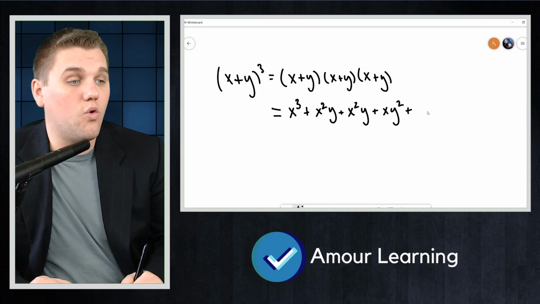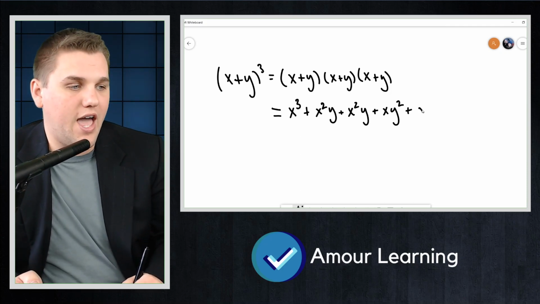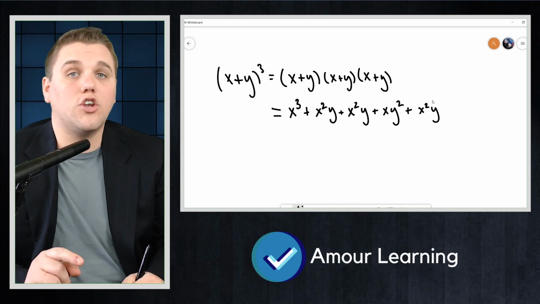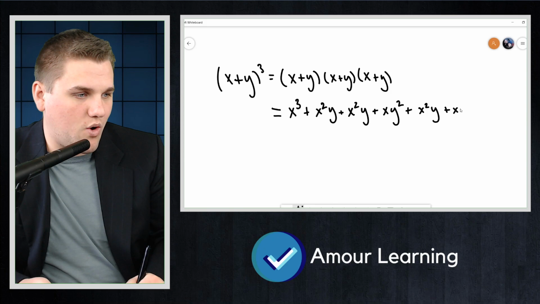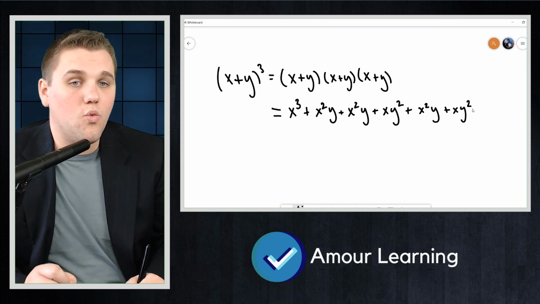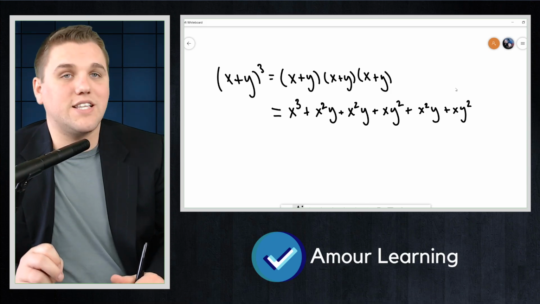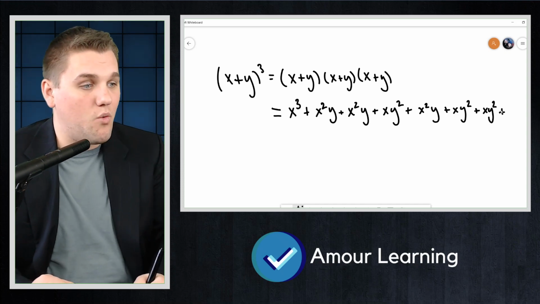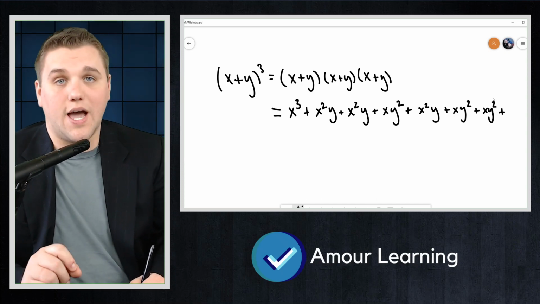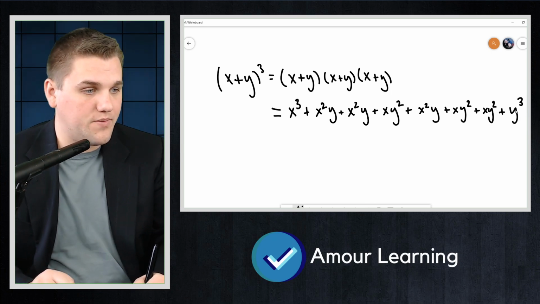We can do y times y times x, which is also xy squared. And then we can do y times y times y, which is y cubed.